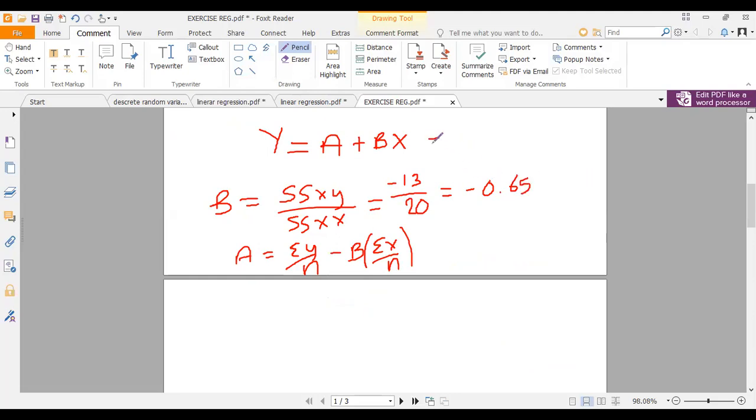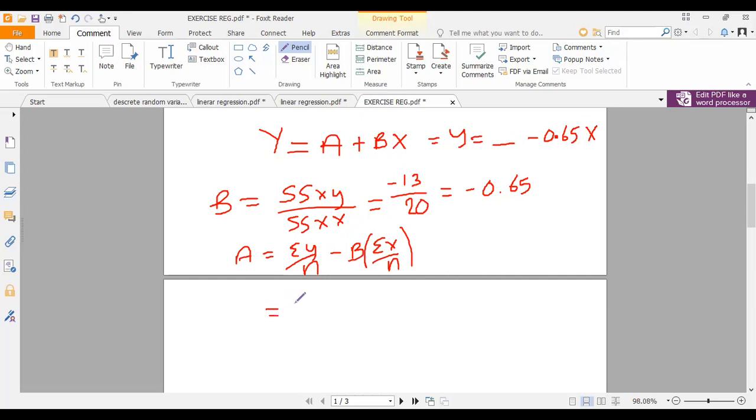Okay, so where there is b, we put negative 0.65. Where there is A, the formula for A is summation of y over n.